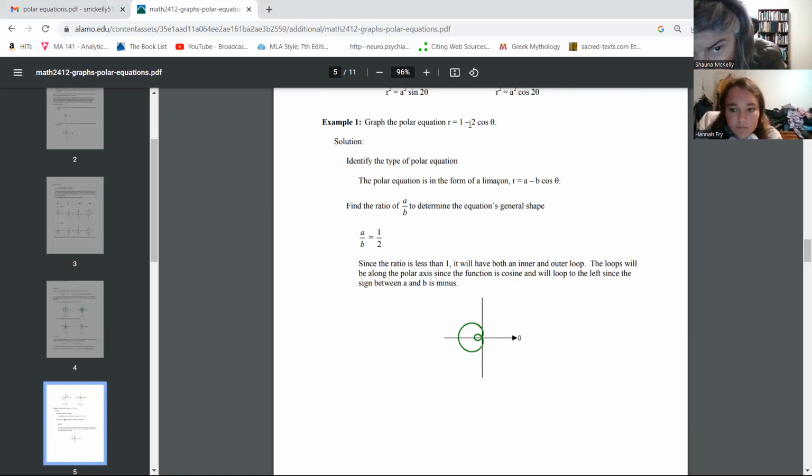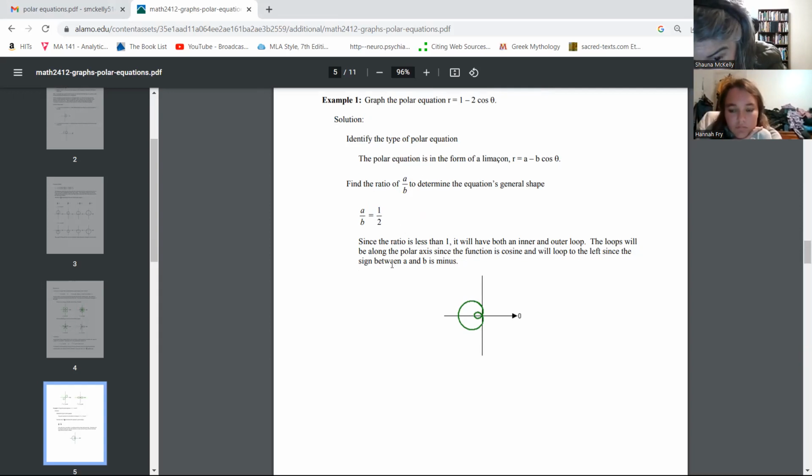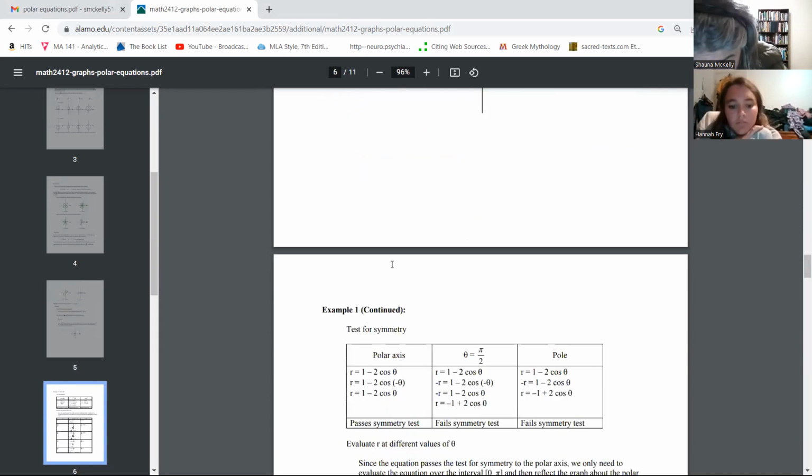So you look at the ratio of A to B. If your ratio happens to be less than 1, you're going to have an inner and an outer loop. Which side this is on, you can get more indications of by plotting it, but this will help you know if you have an inner loop or an outer loop or whatever.